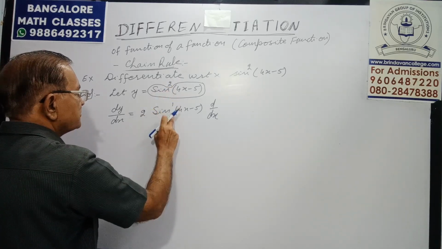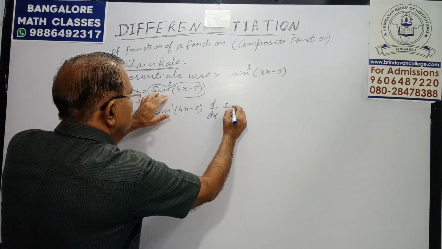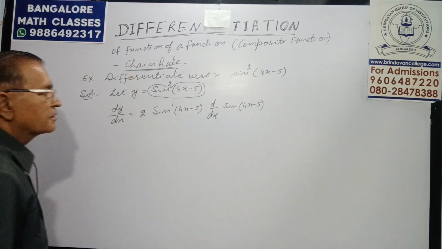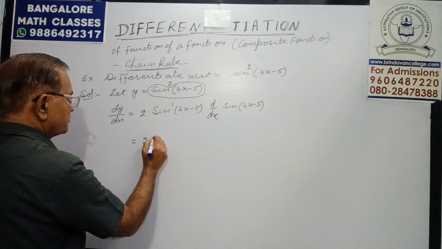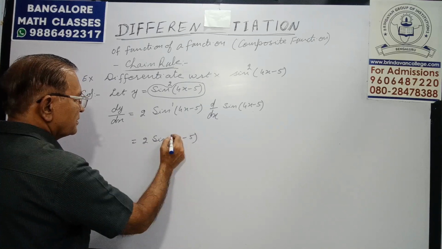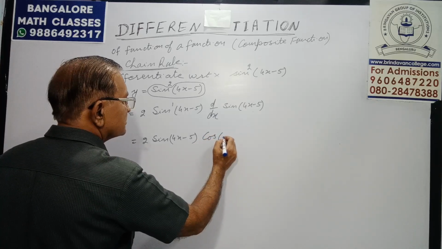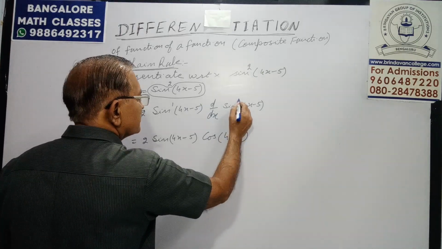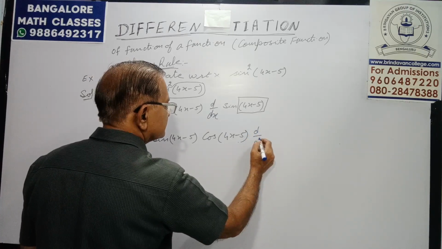Take out power, subtract 1 from the power, because it is not x, go for d dx of sine 4x minus 5 equals 2 sine 4x minus 5 d dx of sine x, cos 4x minus 5. Now see again, this part is not x, d dx of this part.